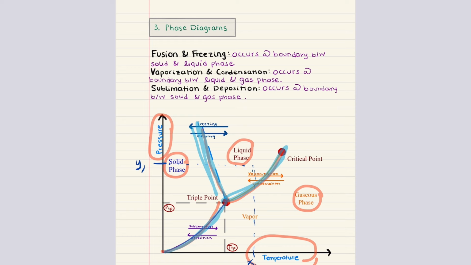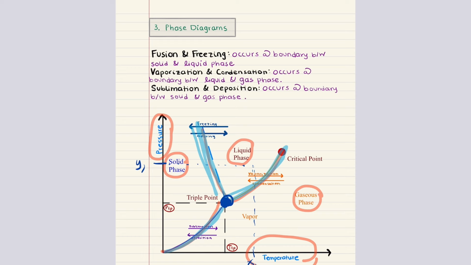Now, there is one point on the phase diagram where the three curves intersect, and this is called a triple point. It represents the temperature and pressure at which the three phases of a substance, solid, liquid, and gas, coexist in equilibrium.